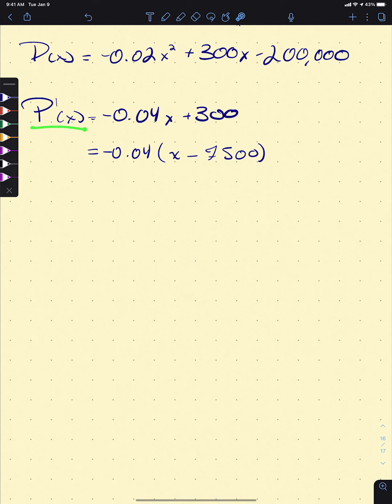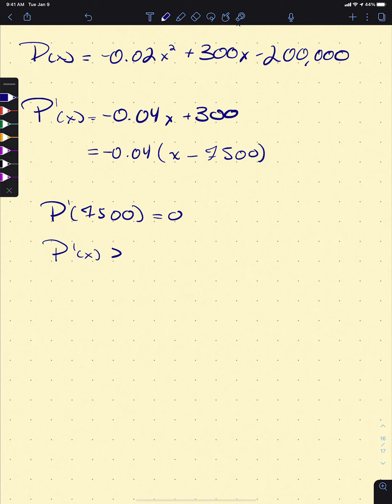But we can see clearly now that our profit function's derivative, right, is going to have a 0 at 7,500, right? Because 7,500 minus 7,500 is 0.